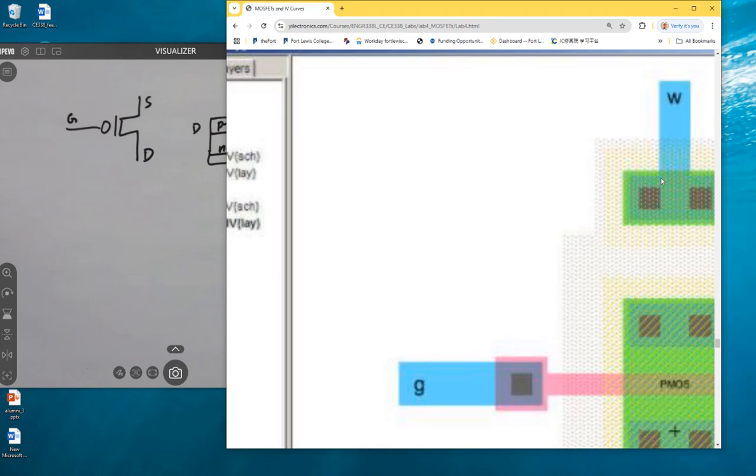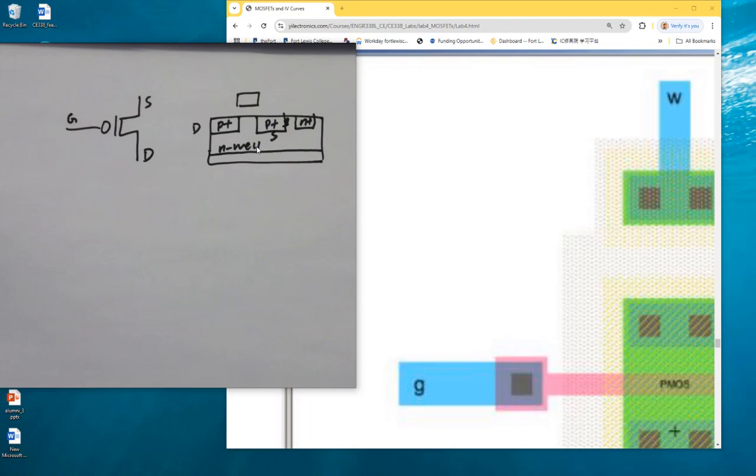If you grab a little N-well tap, it has its own N-well, the dotted area. And the PMOS also has its own N-well. So you have to make sure that they are overlapped. When you are doing the layout, you grab an N-tap, grab a PMOS, you have to move them close enough so the dotted areas get overlapped. So from the cross-sectional view, both the N-tap and the PMOS are in the same N-well.